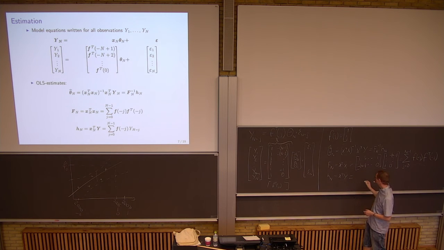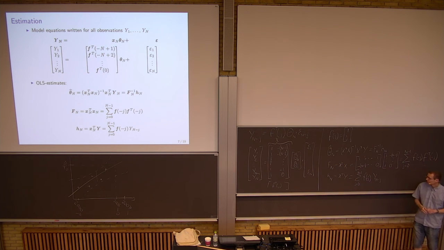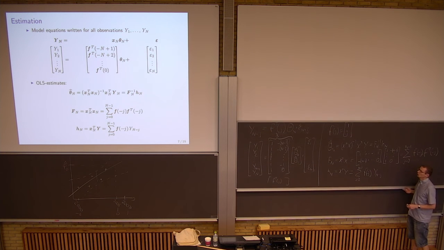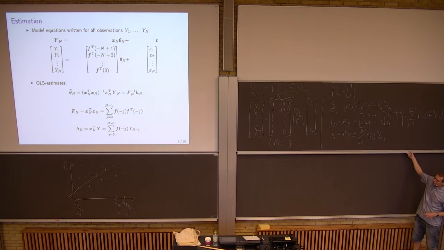So what we have down here is a similar sum, j equals 0 to n minus 1. And then I take f of minus j, y n minus j. So this will work.